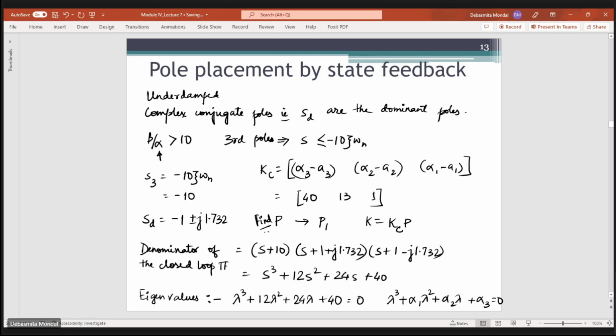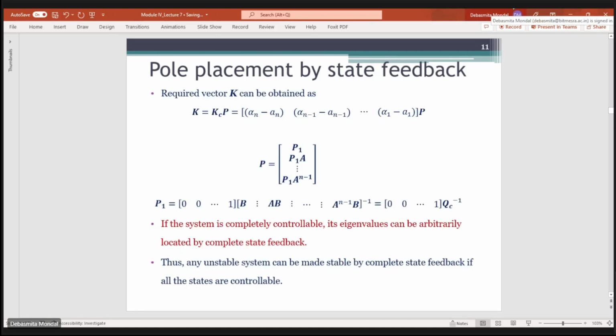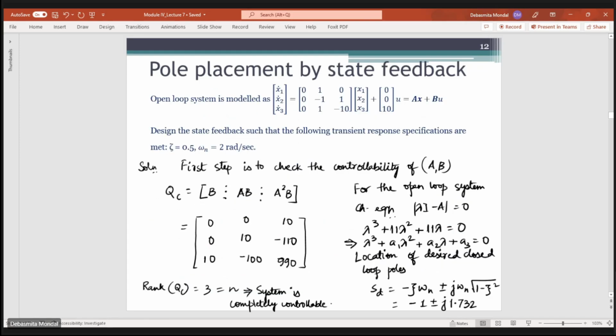Once you have found P1, P1 is given by this expression: Qc inverse multiplied by this matrix. Once you know P1, you can compute the matrix P, and then simply multiply Kc with P, and you will get the required state feedback necessary for the given specifications.